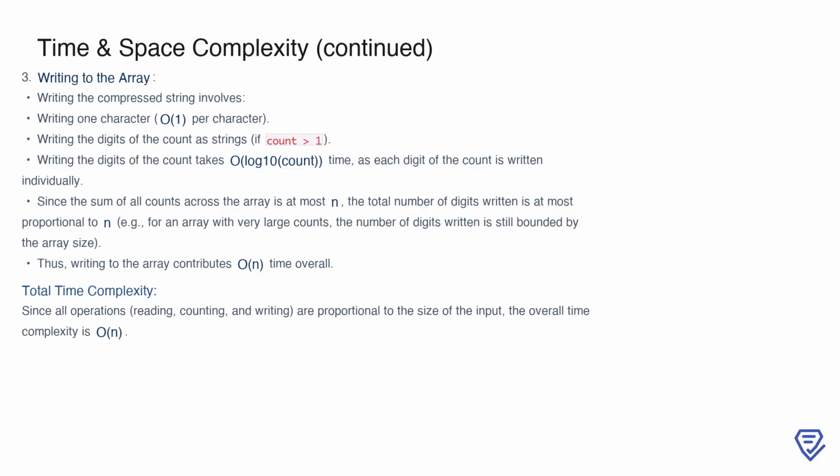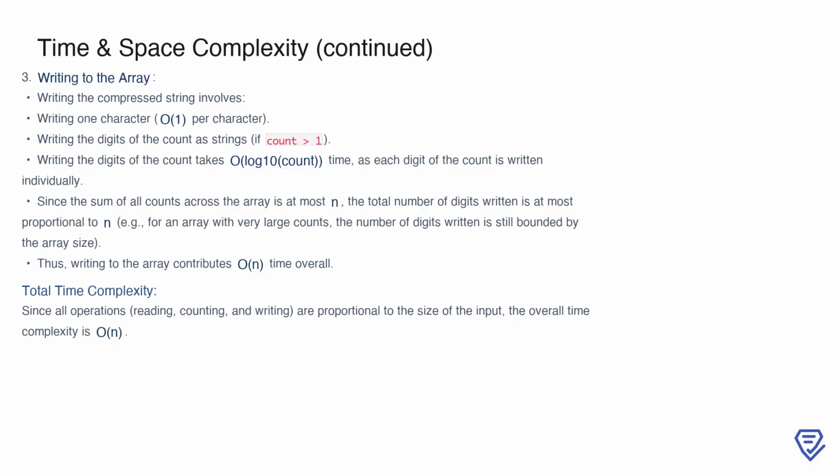Now let's analyze the time complexity of writing the compressed string back to the input array. Writing one character requires constant time, or O(1), per character. When writing the count of repeated characters, the digits of the count are written individually as strings. Writing these digits takes O(log10(count)) time, as the number of digits in a number is proportional to its logarithmic value.